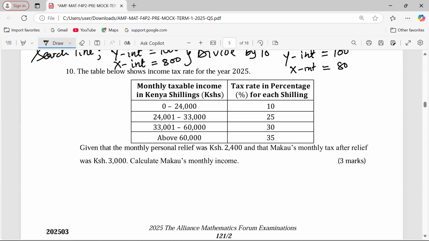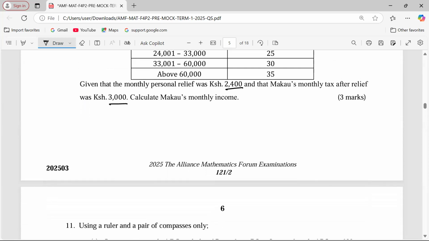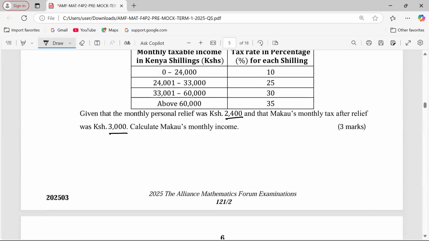Given that the monthly personal relief was 2400 Kenya shillings, and that Macau's monthly tax after relief was 3,000, calculate Macau's monthly income. So before we go to the monthly income, let's talk about his gross tax.